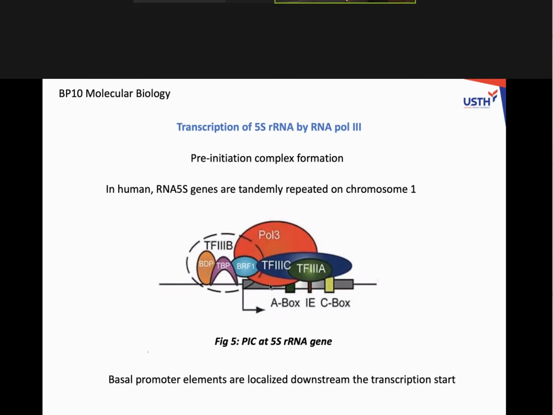Technically, it is never the polymerase that defines the +1. It is the first factors that recognize DNA that put the polymerase at the right place to start. Is that okay? Yes, it's okay.